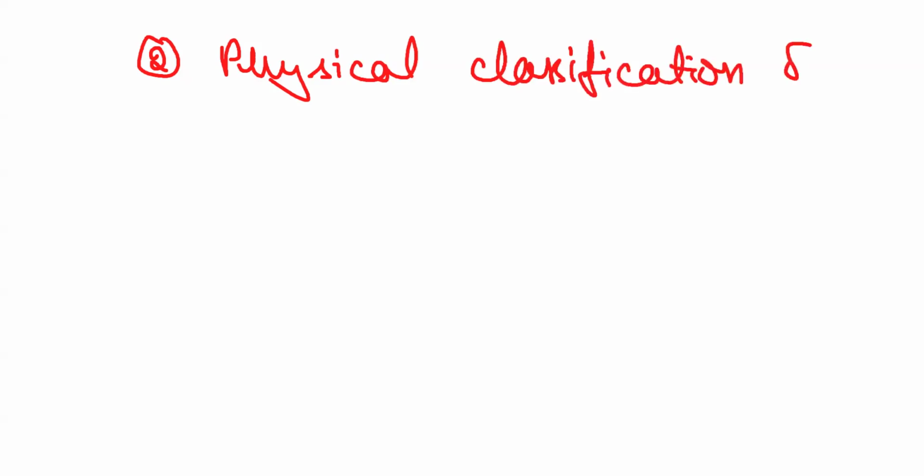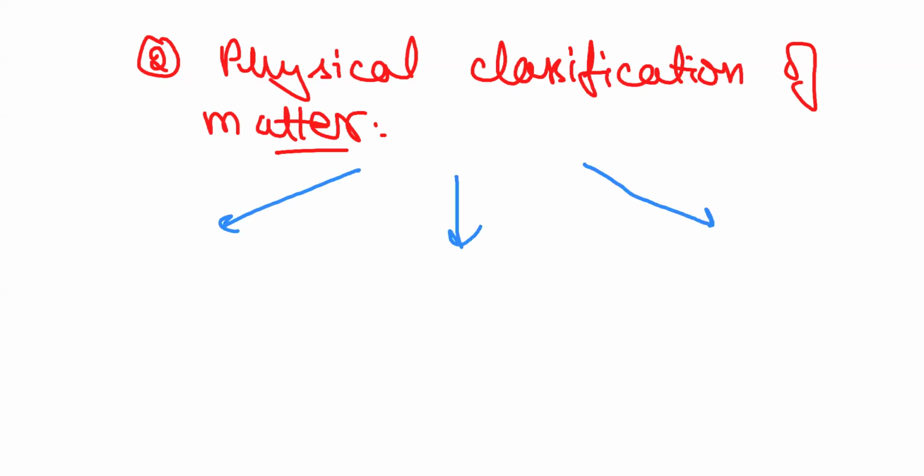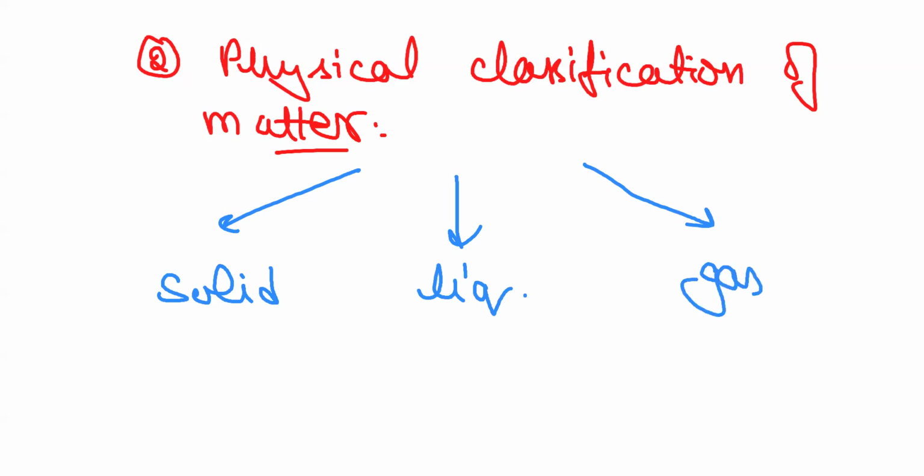Physical classification means what is its physical state. On this basis, matter can be classified into solid, liquid, and gas. We can have only three states of matter, either solid, liquid, or gas. Clear?